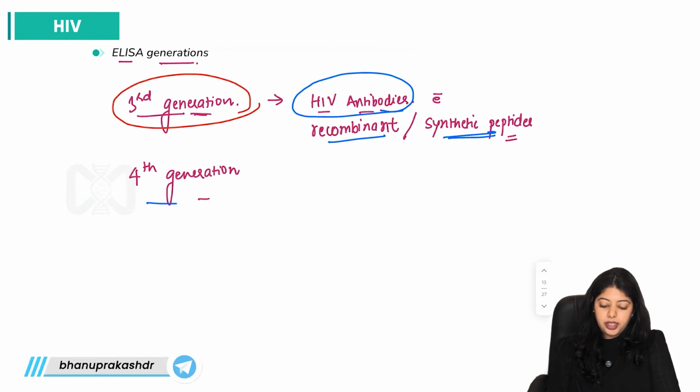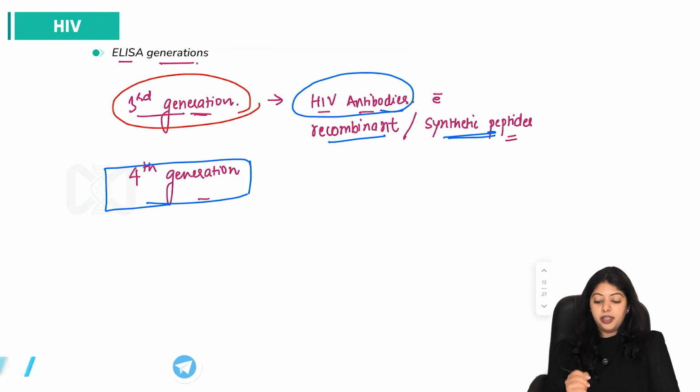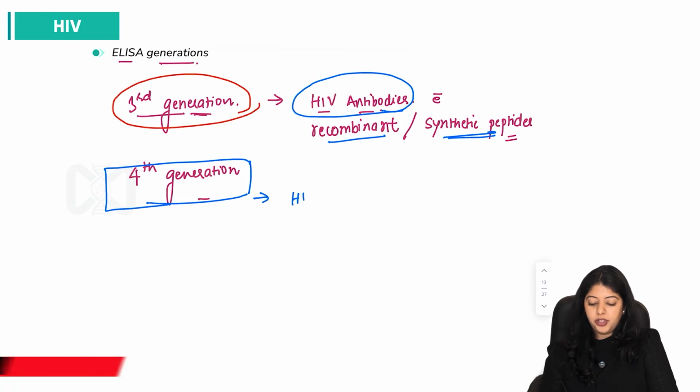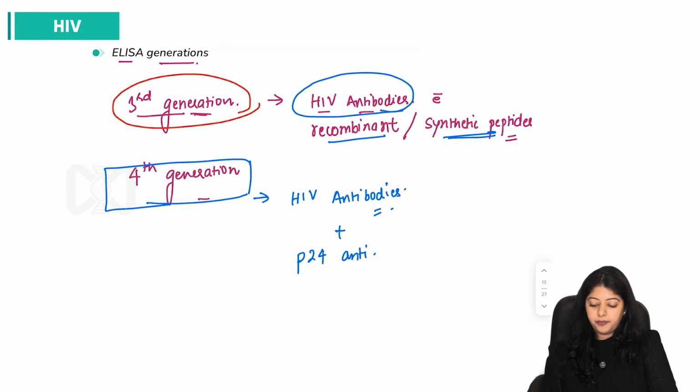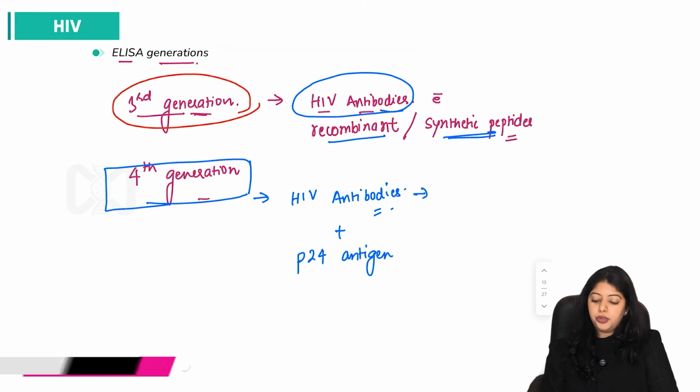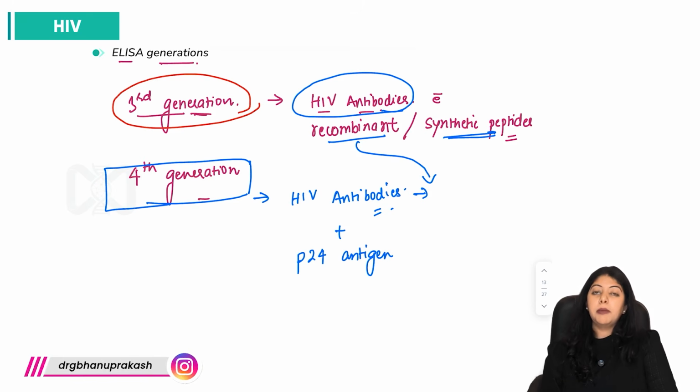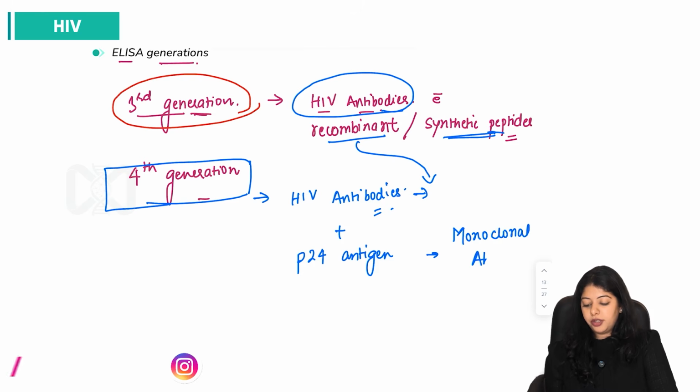Whereas the fourth generation ELISA, they are detecting two things. One, HIV antibodies as well as P24 antigen, using the same recombinant or synthetic peptides, whereas using monoclonal antibodies for detection of P24 antigens.